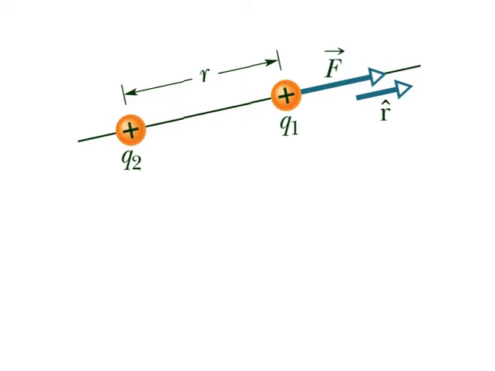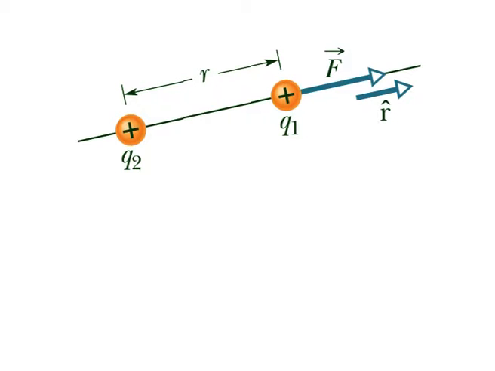Let's also focus on particle 1 and write the force acting on it in terms of a unit vector r that points along a radial axis extending through the two particles, radially away from particle 2. As with other unit vectors, r has a magnitude of exactly 1 and no units. Its purpose is to point, like a direction arrow on a street sign.